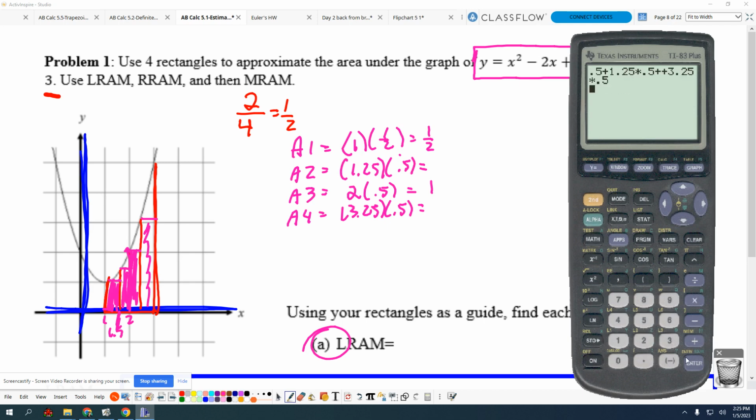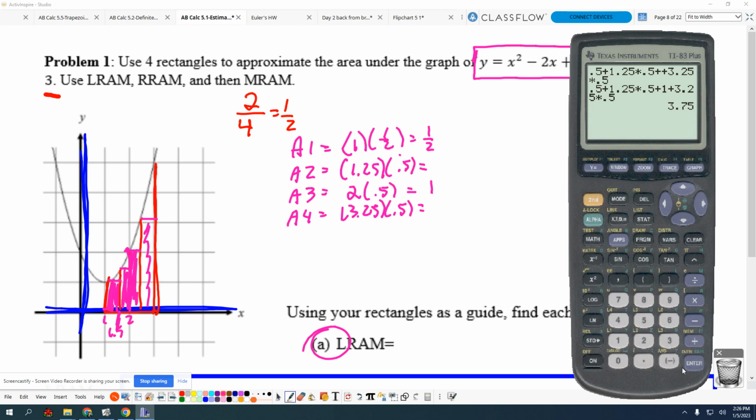Go me. Back that up and insert a 1. Okay? So using LRAM, we got 3.75.